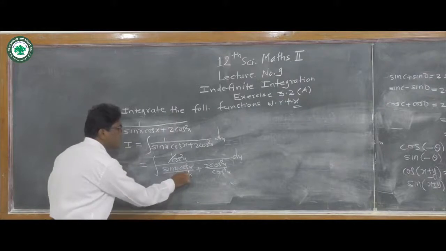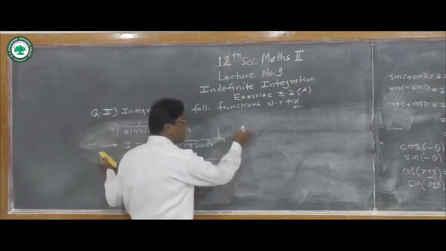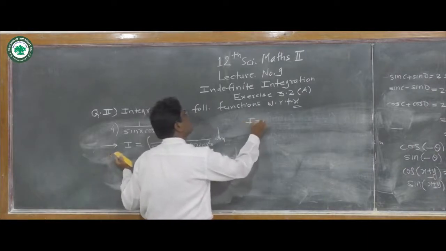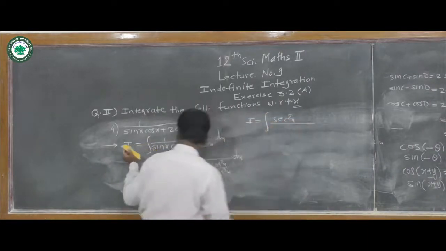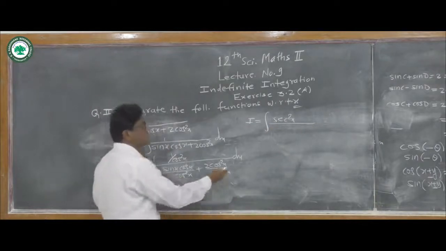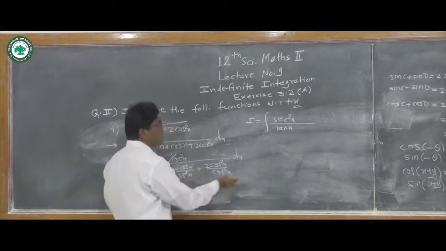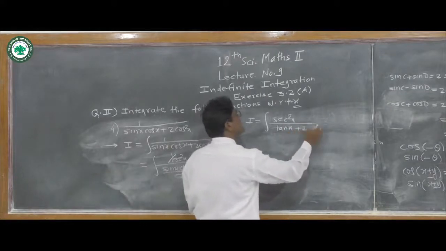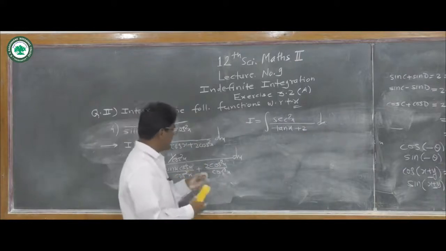This cos x and 1 cos x get cancelled to each other. In the numerator we write 1 upon cos square x as sec square x, and in the denominator we write sin x upon cos x, that is tan x, and here plus 2, dx.